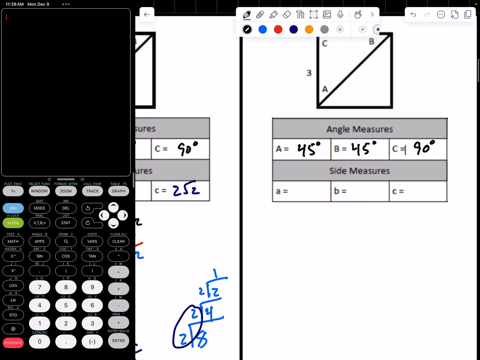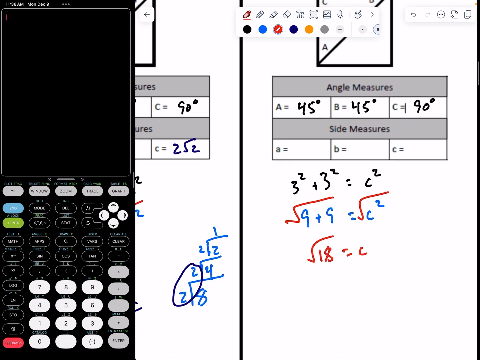Over here, I've got 3 squared plus 3 squared equals C squared. 9 plus 9 equals C squared. I'm going to take the square root of this, whatever it ends up being. So it's going to be the square root of 18 equals C. I do my birthday cake method. So 18 divided by 2 equals 9.